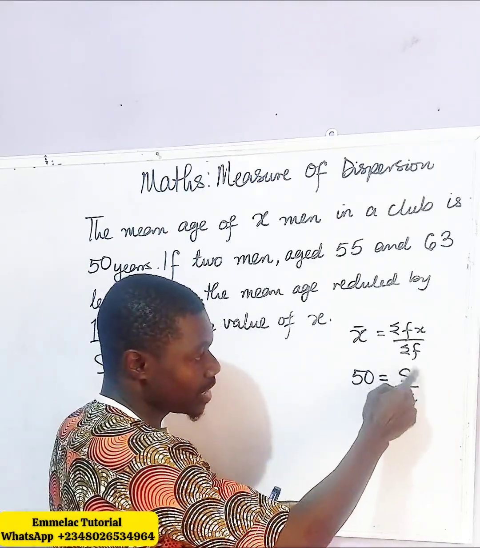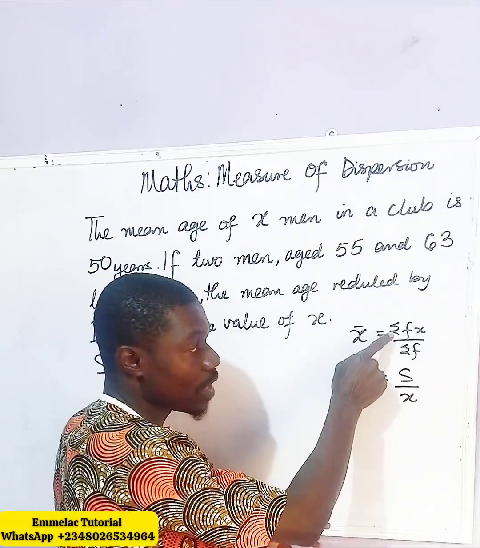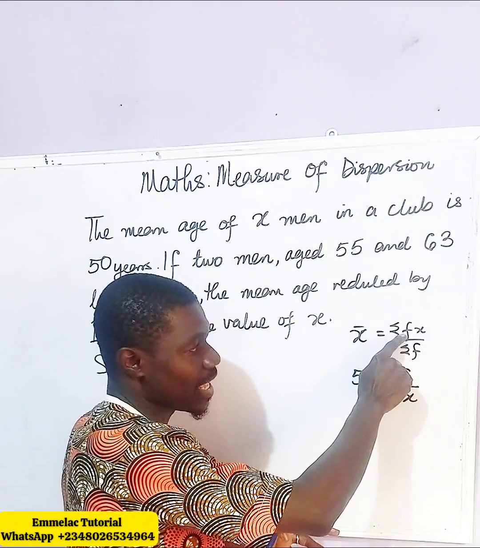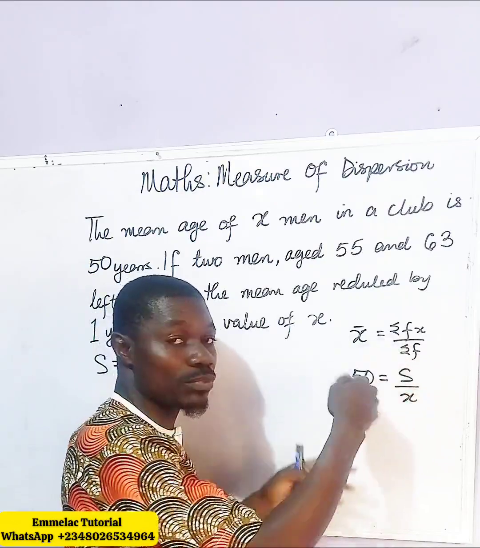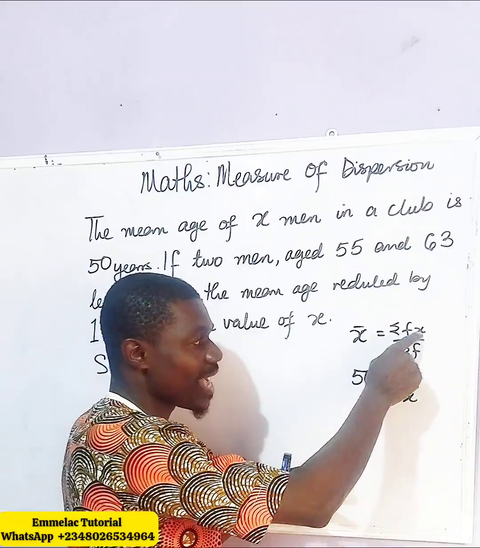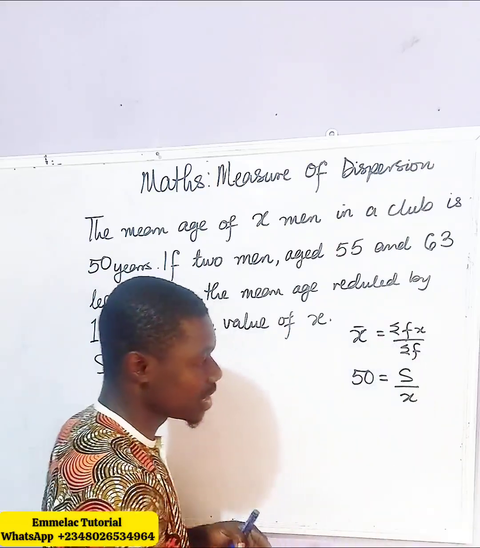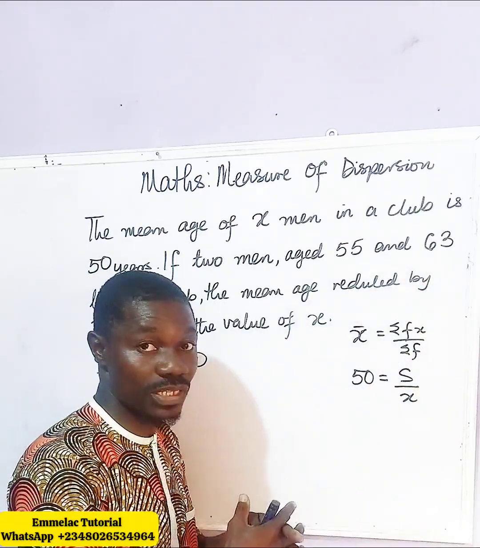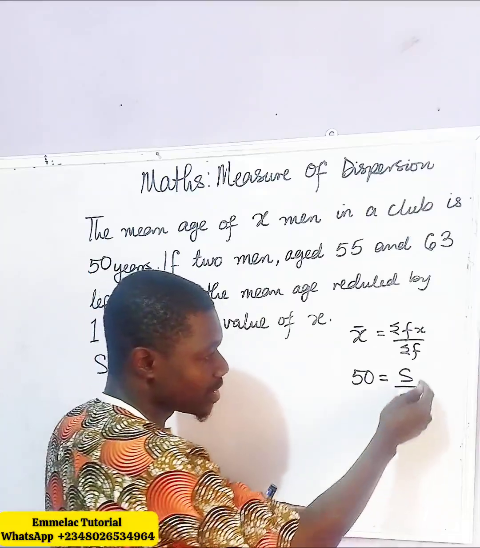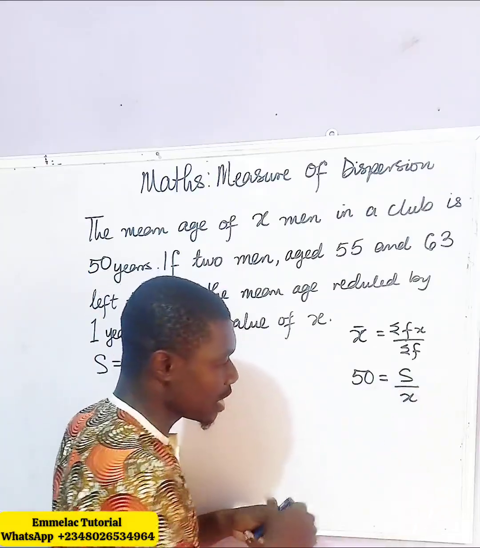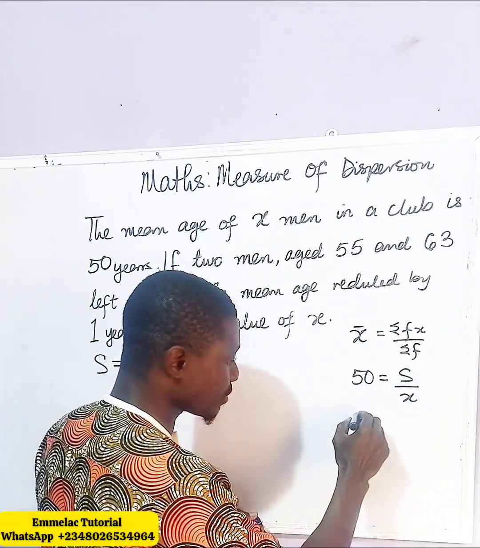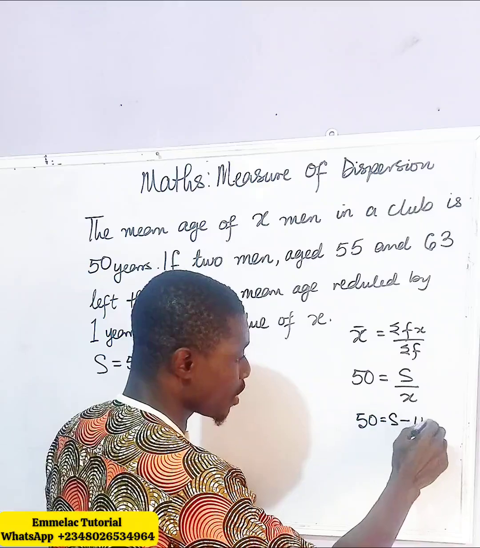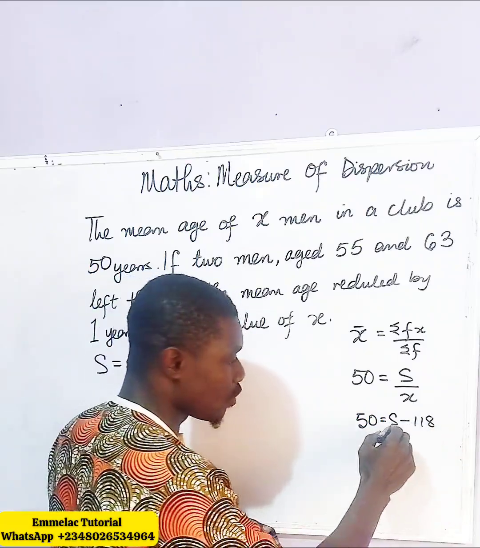Here is the sum total of the product of the number of men and their respective ages. So if 55 plus 63, which sums up to 118, is taken away from here, you can say that 50 equals S minus 118, all over.